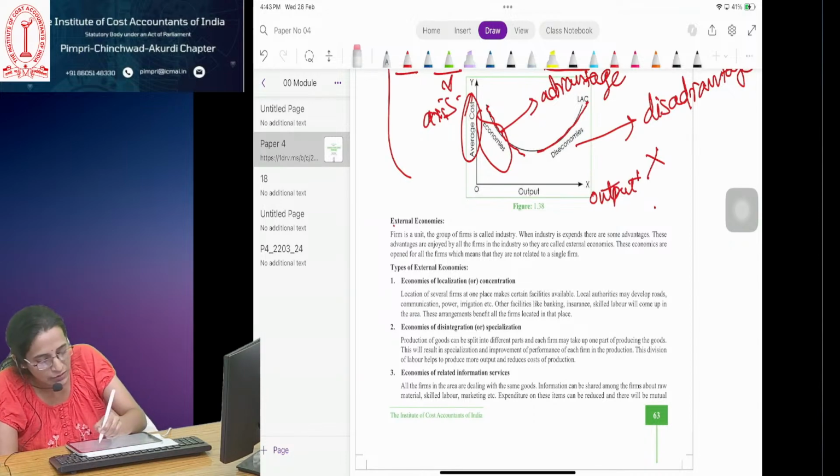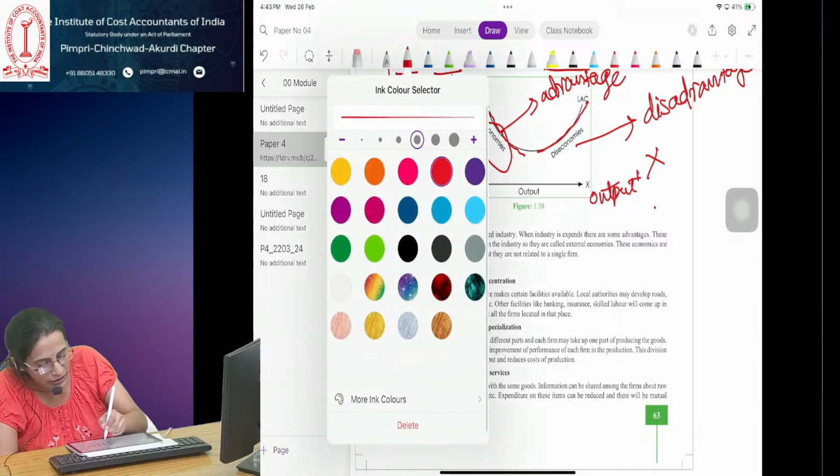What advantages do we get as an industry if we increase the scale of production?